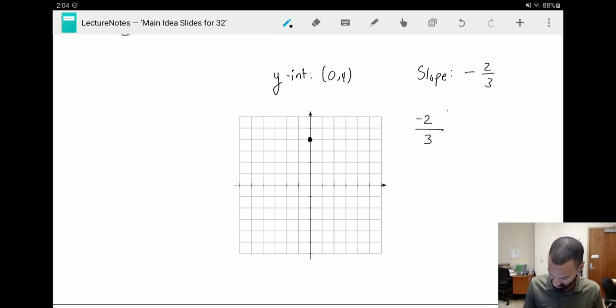Okay, so this is y's change on top. The bottom is x's change. So in other words, negative 2 means my new y value is going to be down 2. So from, this is important, from the y-intercept, not from the origin, from the y-intercept, we're going to go down 1, 2, and then the x change is a positive 3, so we're going to go right 1, 2, 3. There's our new point. Okay?